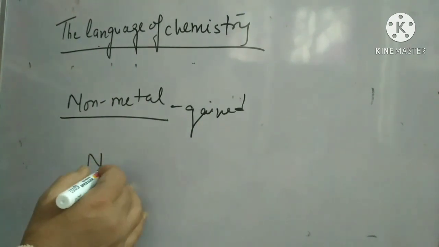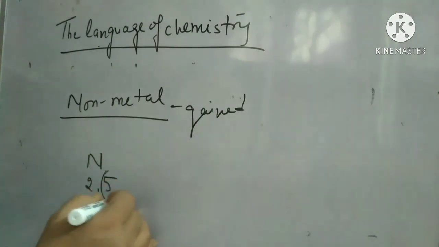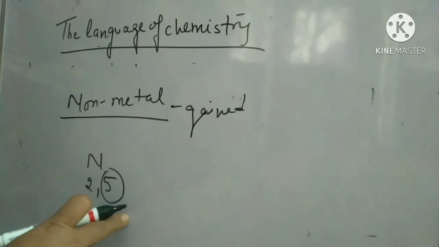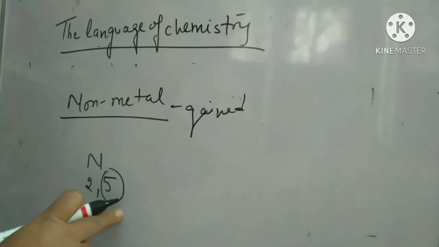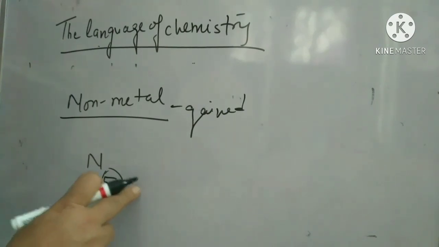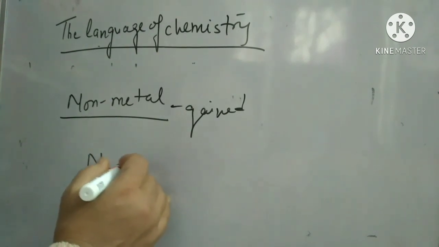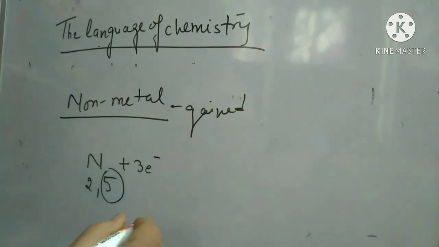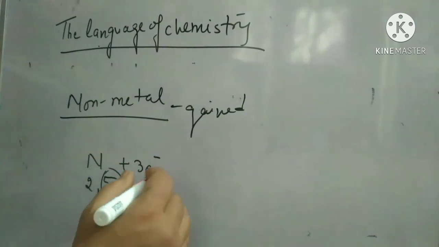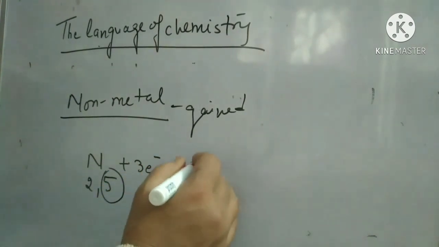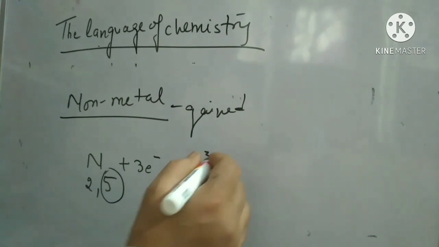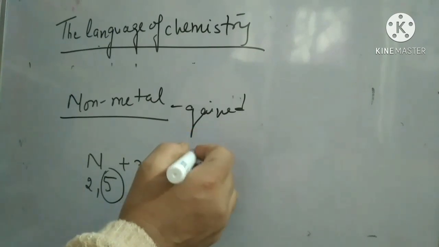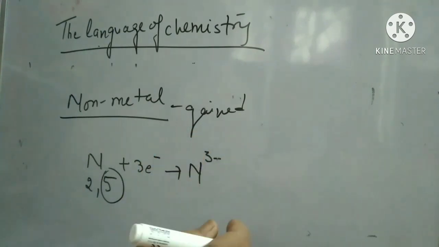To complete its octet, or in order to become stable, it gains 3 electrons. So when it gains 3 electrons, its valency becomes N 3 minus. Now this 3 we call trivalent.